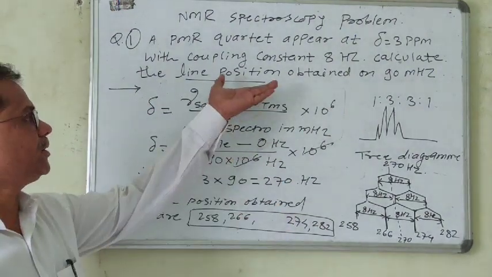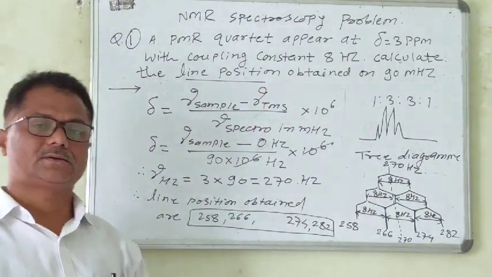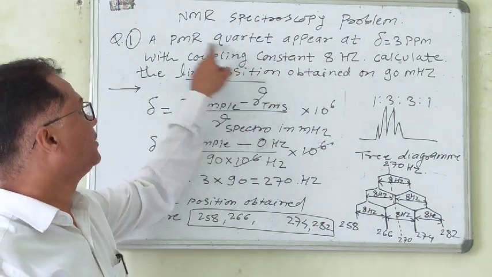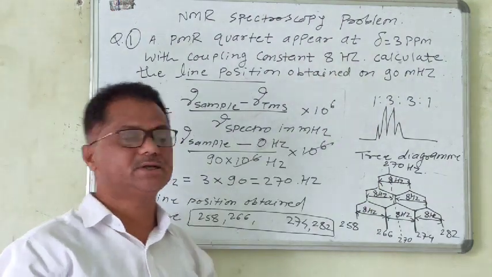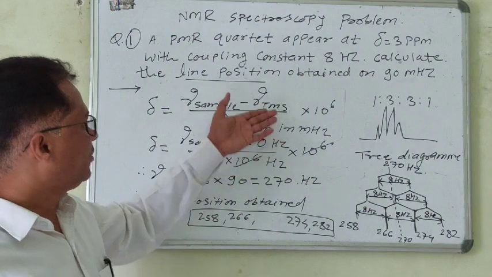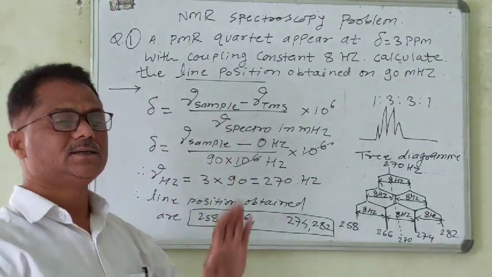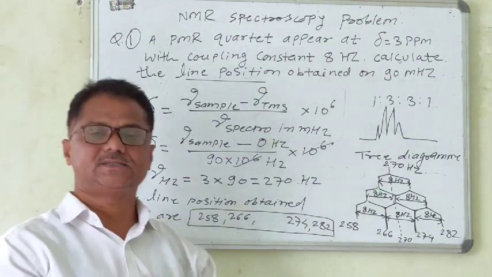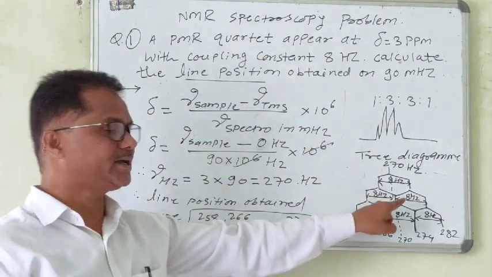Such kind of problems can be asked in the MSc question papers, in the NET paper particularly, to find the line position by using the instrumental frequency. For that purpose, we have to remember two things. The first thing is the formula of chemical shift, and the second thing is the tree diagram. The tree diagram for the quartet is like this.